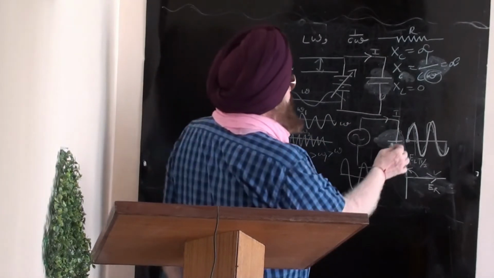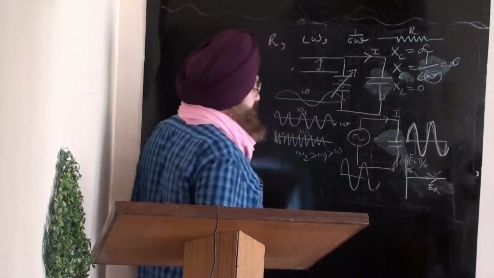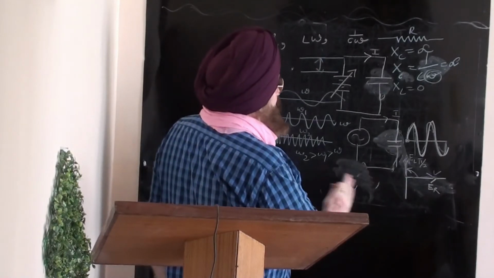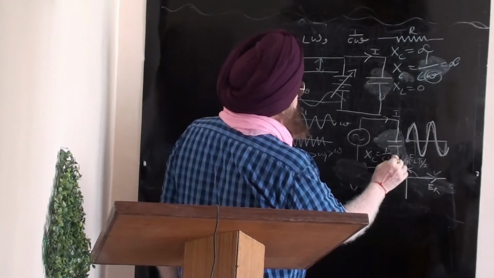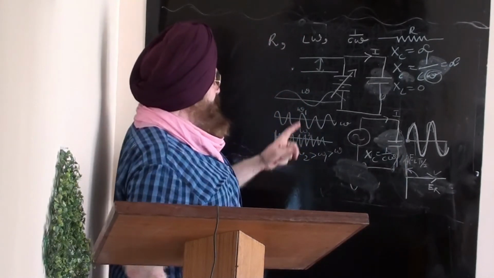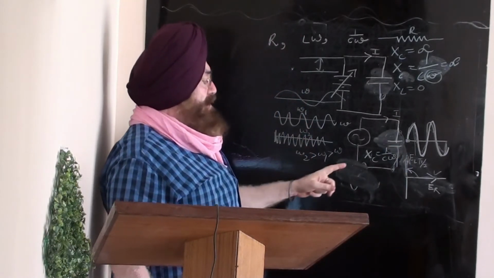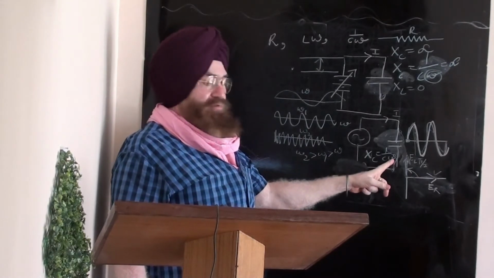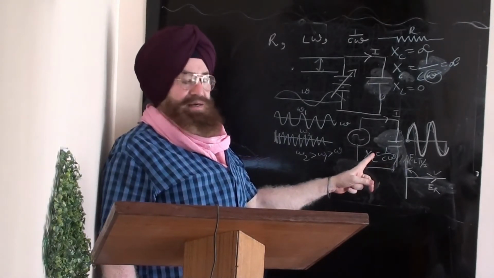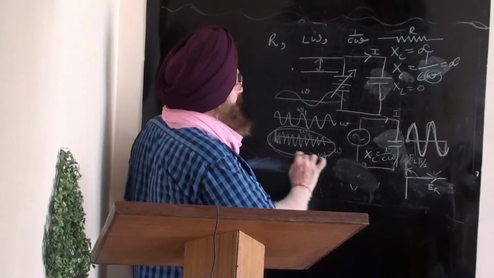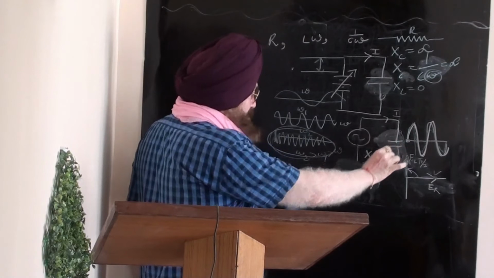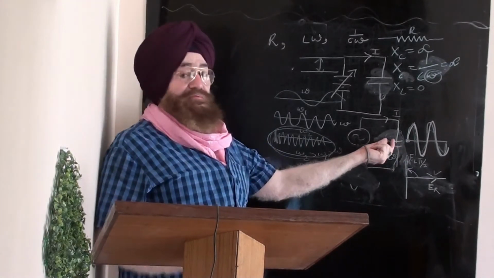Now if you connect the capacitor here, then Xc equals 1 over C omega. You have different frequencies like this. Here, the more the frequency, the less the reactance. That means higher frequency can flow through the capacitor very easily.